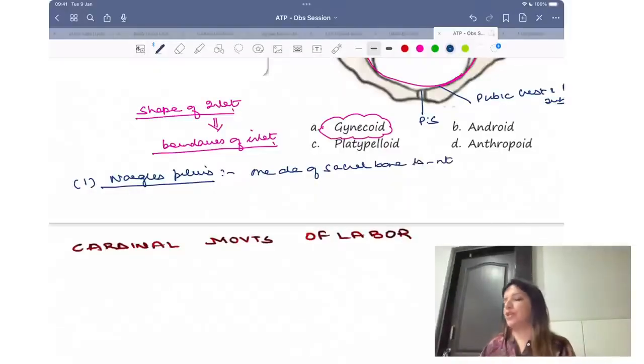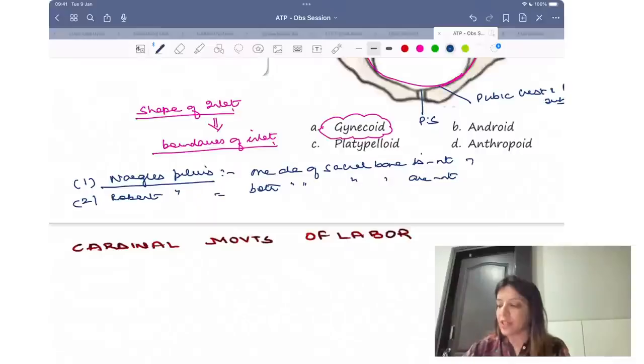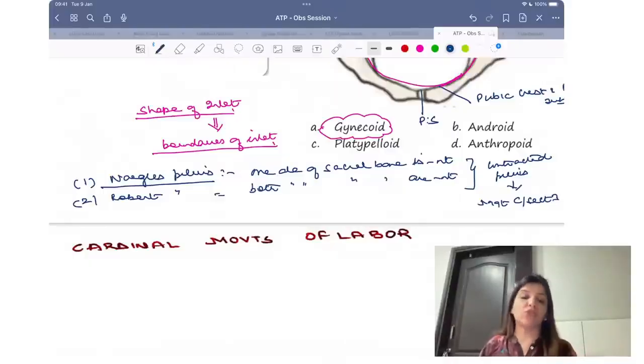And then we have a Robert's pelvis where both the alae of the sacral bone are absent. Both these are varieties of contracted pelvis, and because they are varieties of contracted pelvis, management in them is cesarean section. So whenever it is Robert's pelvis or Naegele's pelvis, management has to be cesarean section.